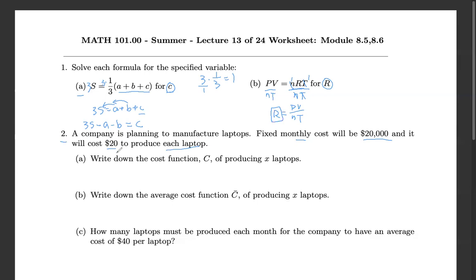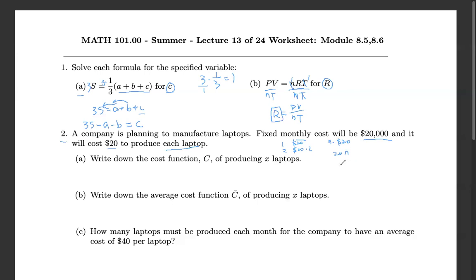So 20 is a rate, right? Rate of change. So for one laptop, it costs $20. For 2 laptops, it costs 20 times 2. For N many laptops, it will cost N times $20, which is read as 20N.